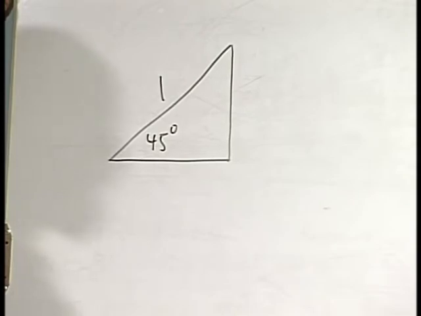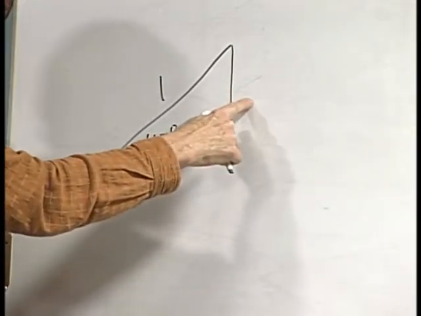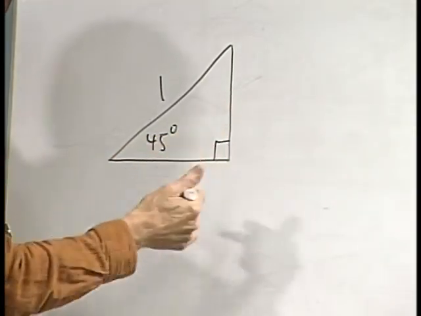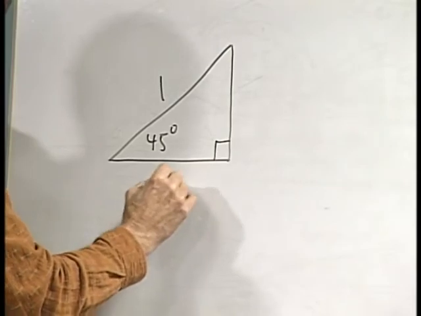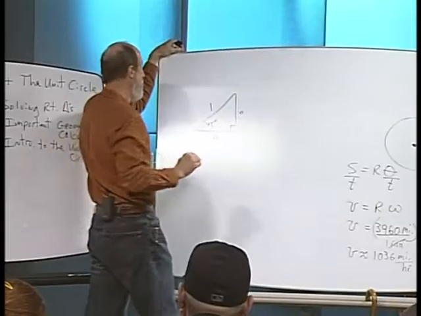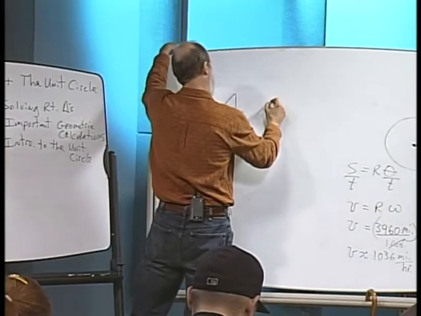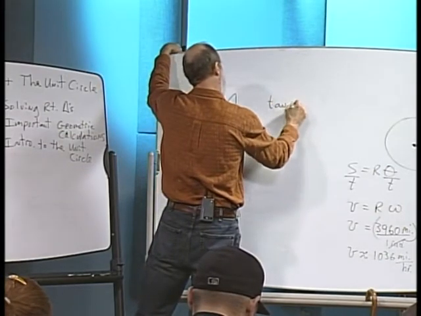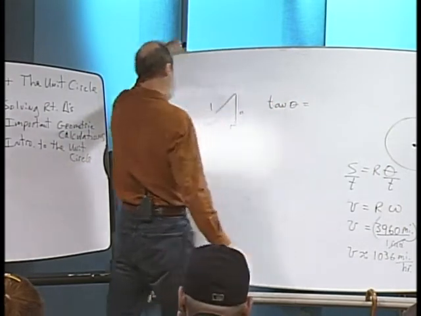Now, what do you know about this triangle I just drew, besides the fact that there's a right angle right there? The side lengths are the same, right? This leg and that leg are both the same. So why don't I call them both A, because we know that they are the same length. Let's look at the tangent of angle theta.